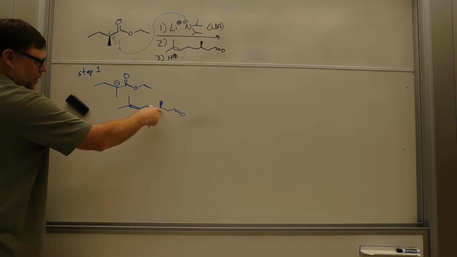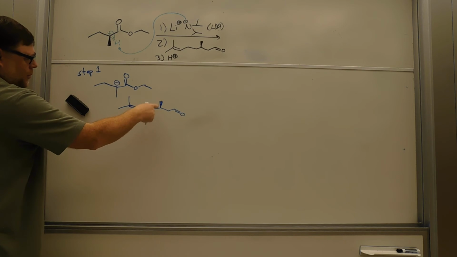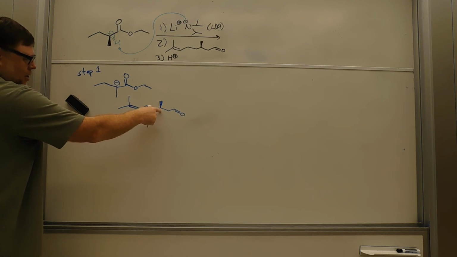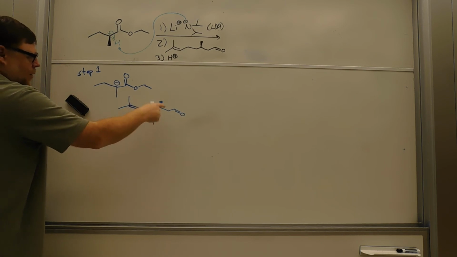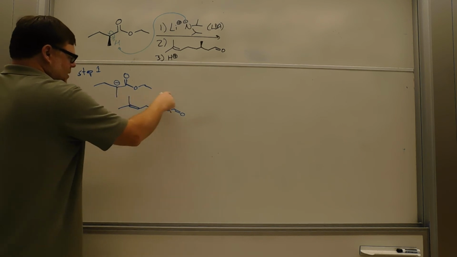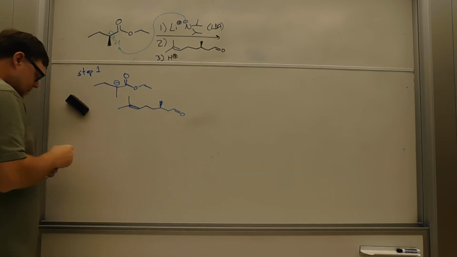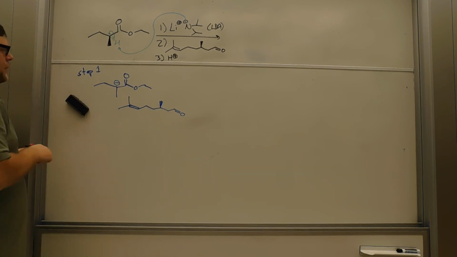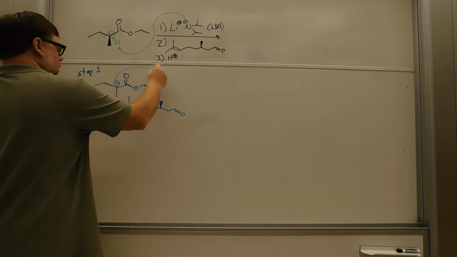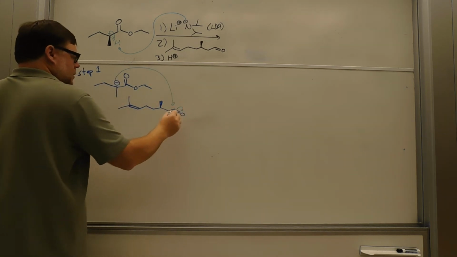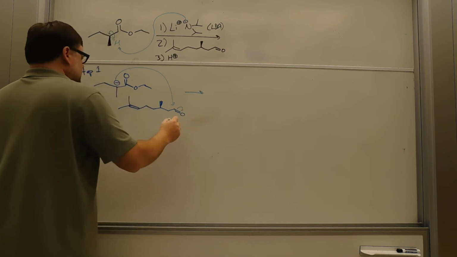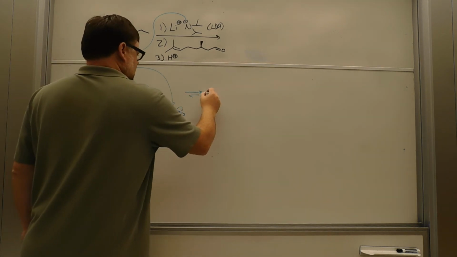There's no way to pull that proton off, so that one is going to stay secure. We can figure out what it is later. So the negative carbon is going to come in and attack the carbonyl. This is a reversible reaction, but it's going to stick this time.